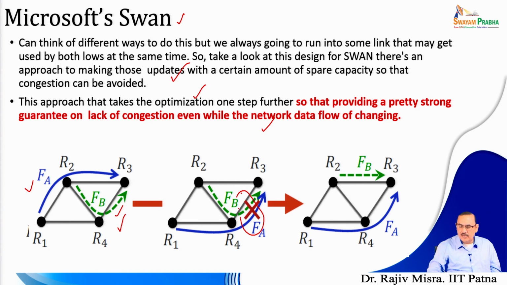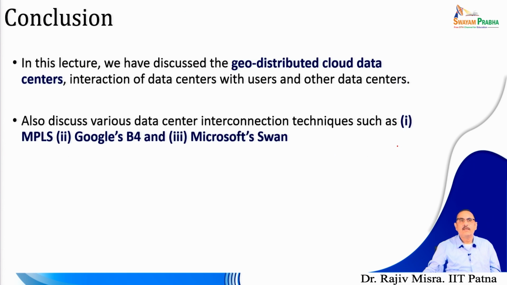In that way, if you change the flows, let us say flow FB runs between R2 and R3, and flow A runs between R1, R2 and R1, R4 and R3, then both will be satisfied in this particular case. So, this is an optimization at the level of flow, and it will also avoid congestion while the network data flow is changing.